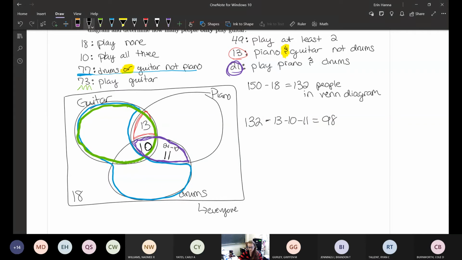And then we know that the blue circle, everything else that's the guitar and drums, but not piano, is 77 people. So we take out those 77 people. There's 21 people left, which means there must be 21 people who only play piano. Because what I've done is I've taken out the people who play piano and other things in the 13, 10, 11. And I've taken out the people who don't play piano at all in the 77, which means that I only have 21 people left who play piano, and only piano.